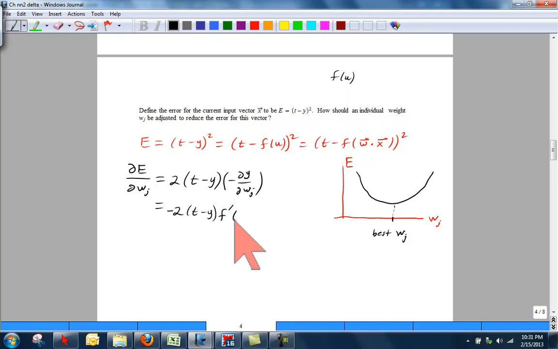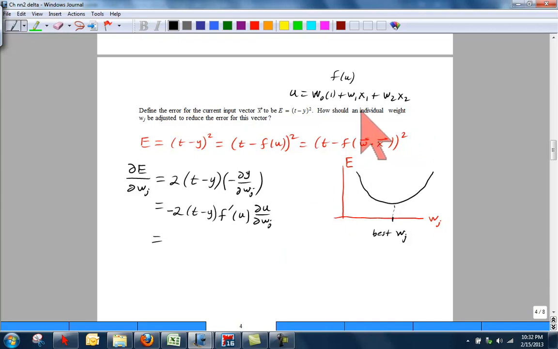This is f prime of u, and then partial u, partial w_j. But the w's are still inside u. And if I look at what u is, it's w0 times 1 plus w1 times x1 plus w2 times x2.